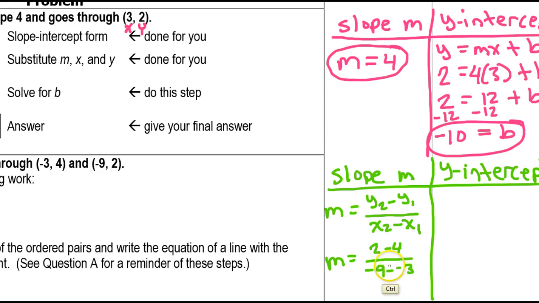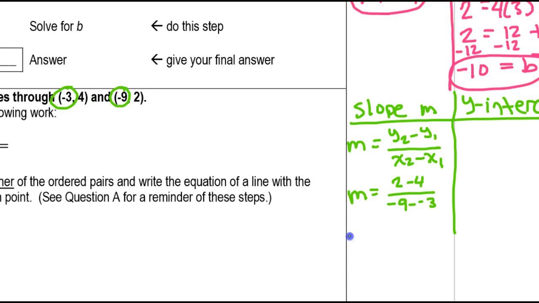Notice the double negative there. Be very careful. When both things are negative, when you subtract, you're going to have this double negative because it's negative 9 minus negative 3. That's important because when you subtract a negative, it becomes addition. So this is going to be like having 2 minus 4 over negative 9 plus 3. Minus a negative is addition.